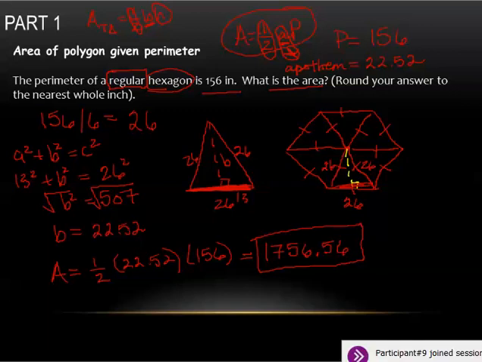Well, look at what we did. If you look in this hexagon, you've got 6 triangles. So if I know the perimeter, then I know the measure of the base of each one of those triangles. So your perimeter represents your base in the triangle formula.